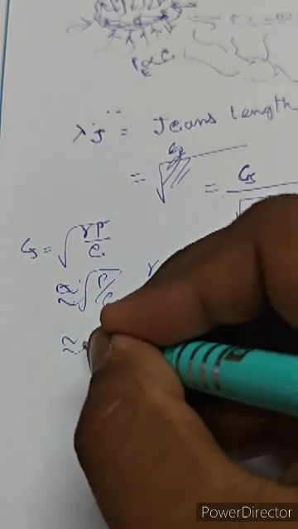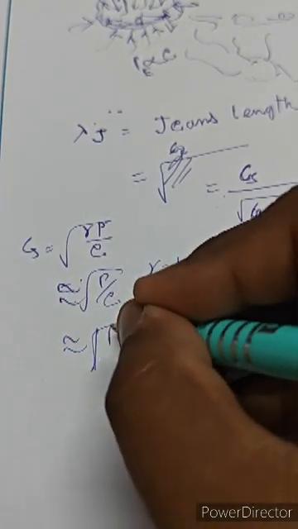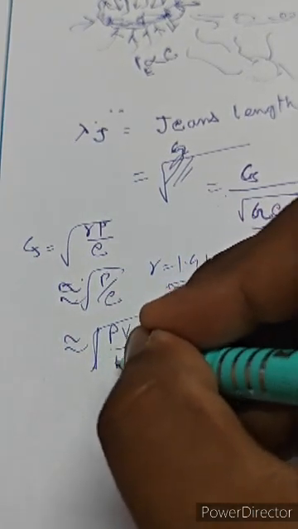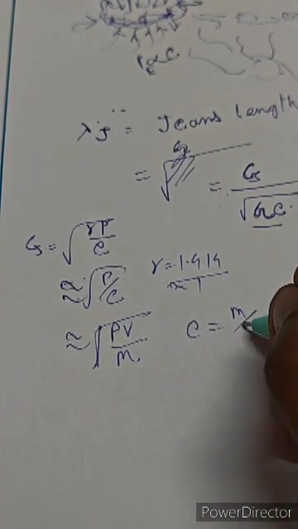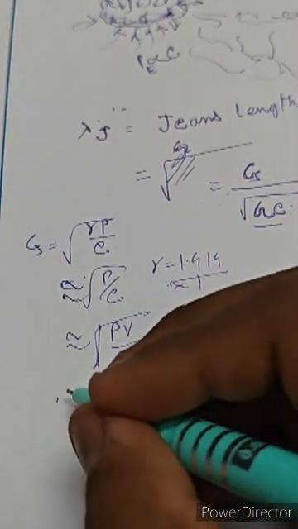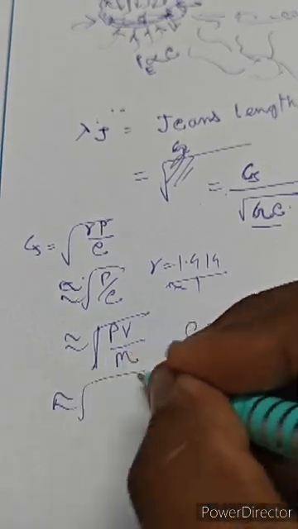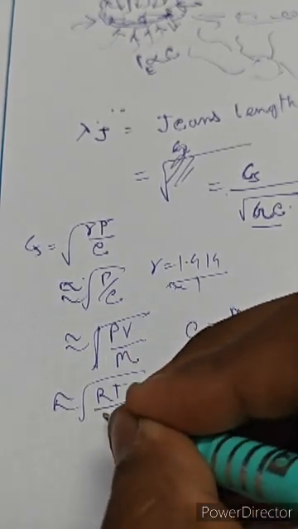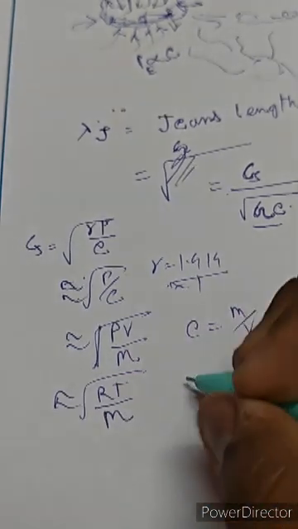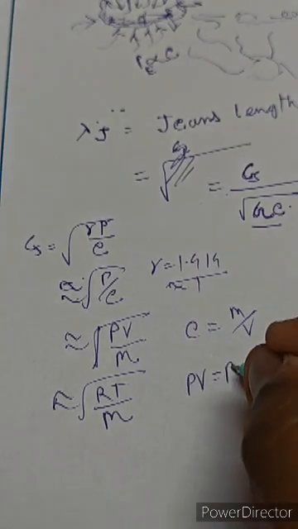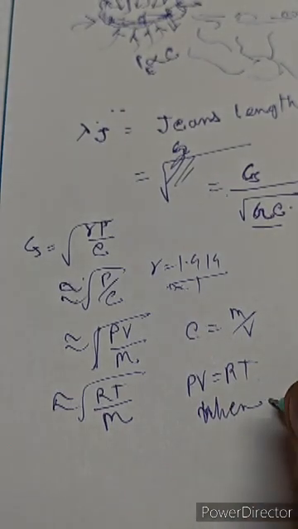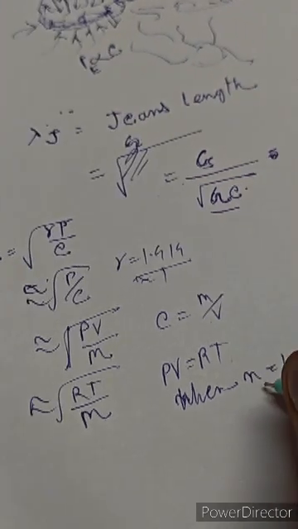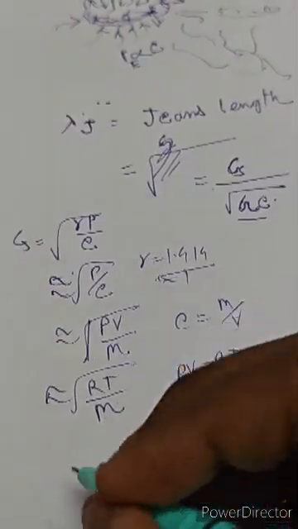So P by rho, where rho is equal to M by V, is equal to RT by M, since PV equals RT when the mole number is equal to 1.